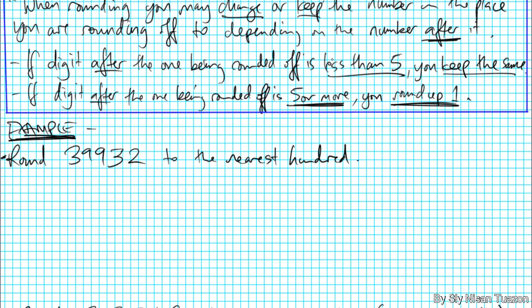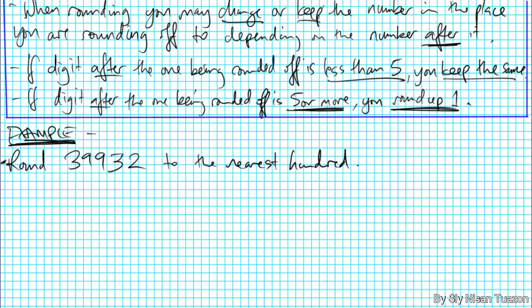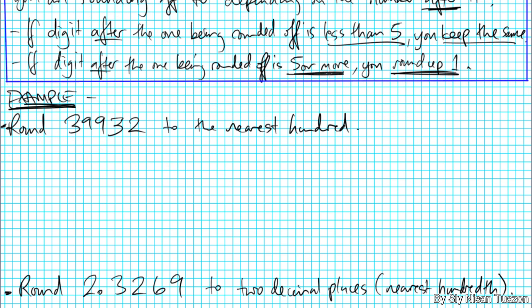So if the digit after the one that you're rounding off is less than 5, you keep it the same. That's deemed that the next column over is not large enough to say you're actually closer to the next number up. If the digit after the one being rounded is 5 or more, then you do round the number up in the place that you're interested in by 1.